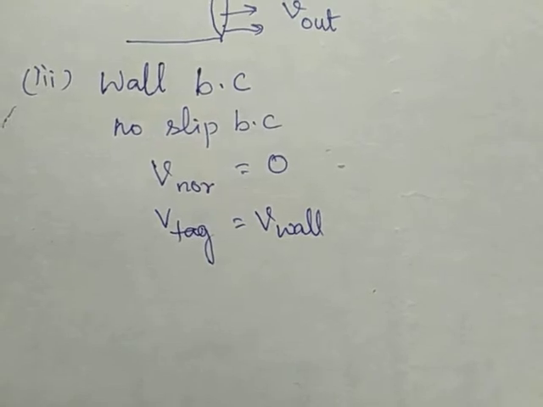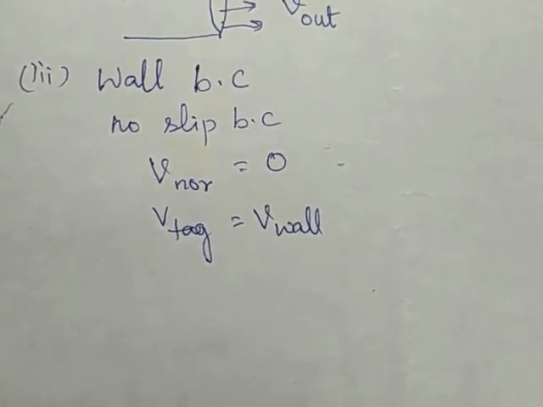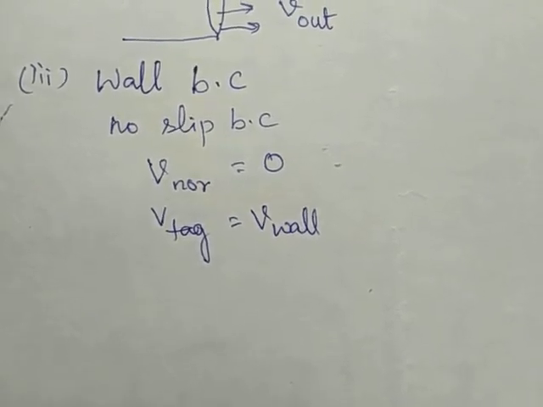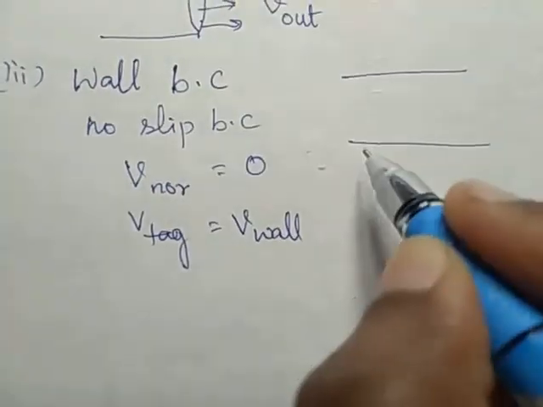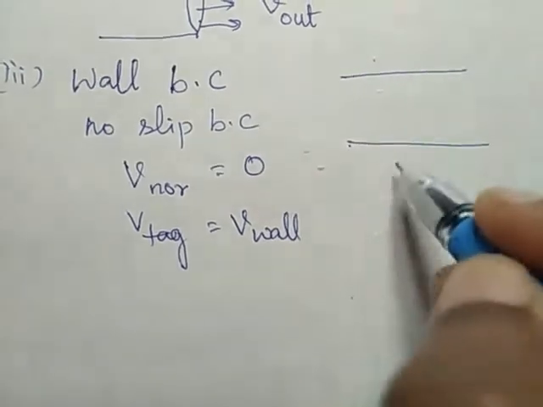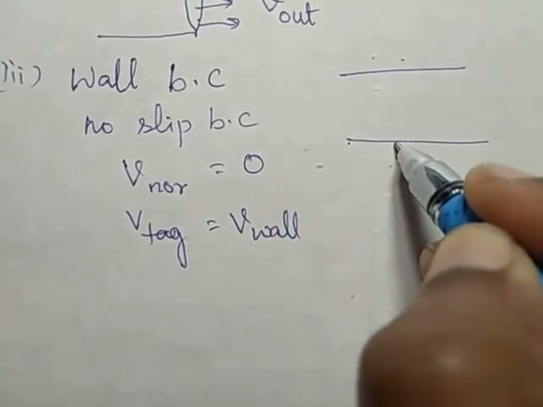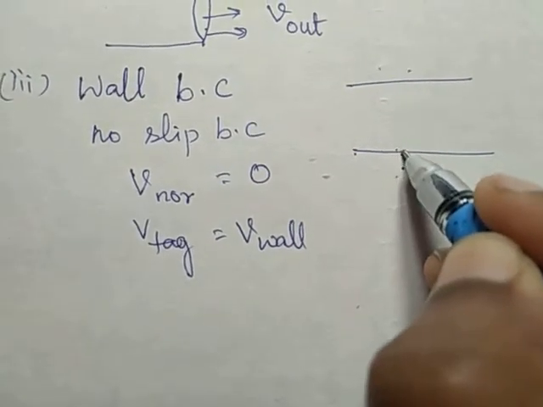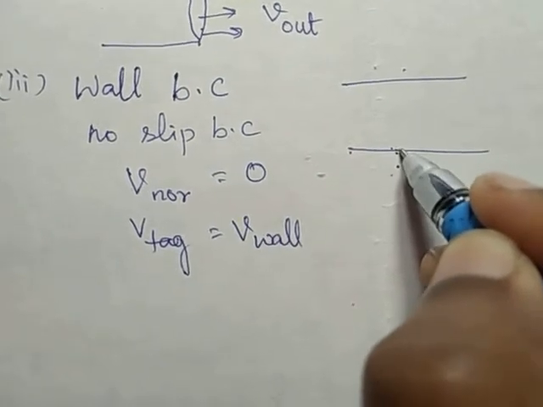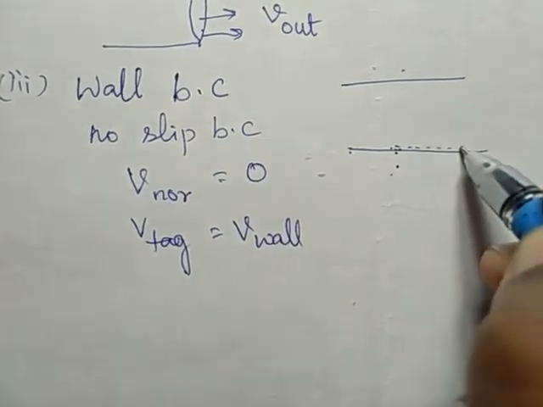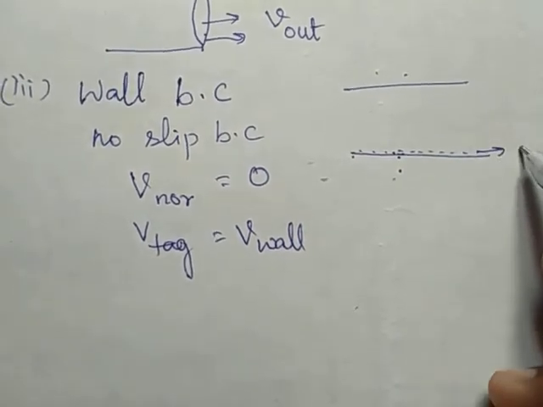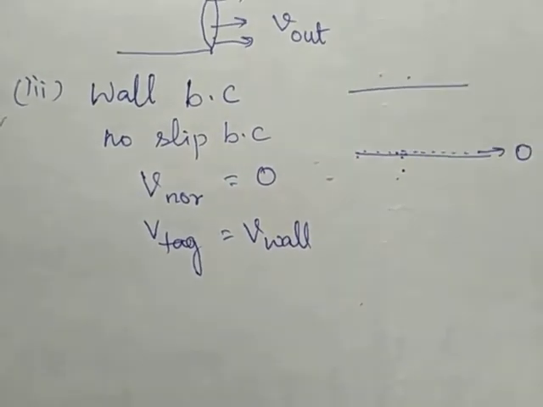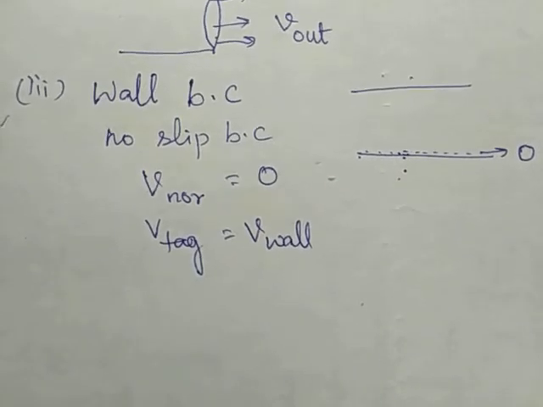The velocity immediately after the solid surface is 0. If this is the fluid flow, this is our wall, our solid surface. The velocity immediately after the solid surface is 0. This is no slip boundary condition.